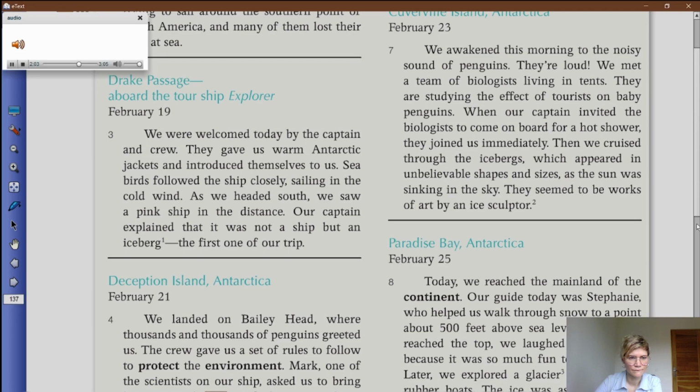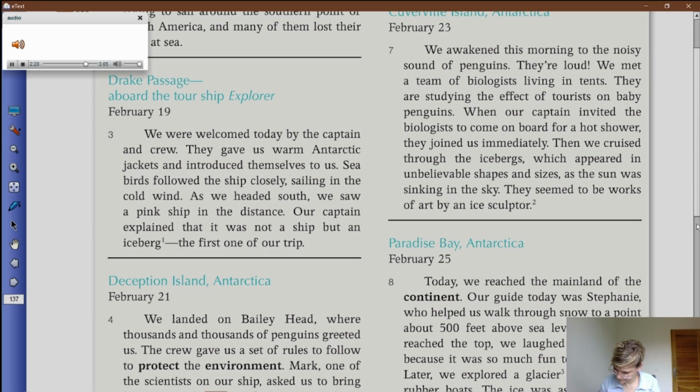When our captain invited the biologists to come on board for a hot shower, they joined us immediately. Then we cruised through the icebergs, which appeared in unbelievable shapes and sizes as the sun was sinking in the sky. They seemed to be works of art by an ice sculptor.